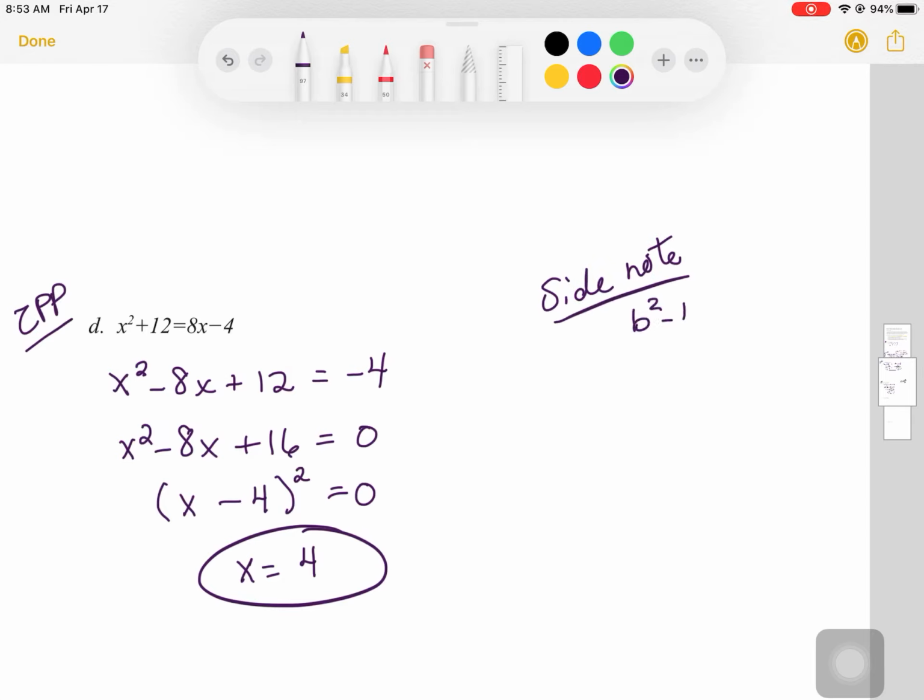If I were to use the formula on this equation, then it would be 64 minus 4 times 1 times 16, which is my b squared minus 4ac. That would be 0.